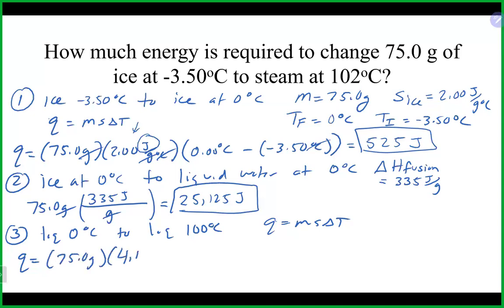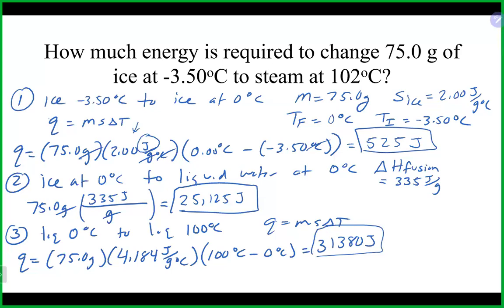We will use the 4.184, which is the specific heat capacity for liquid water. Our final temperature is 100 degrees Celsius. Our initial was 0 degrees Celsius. And that will take us at 75 times 4.184 times 100. We will get 31,380 joules. So that is the energy to take us all the way up to the boiling point of liquid water at this point.